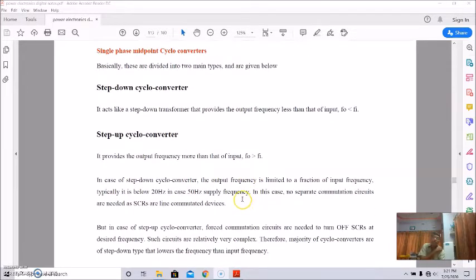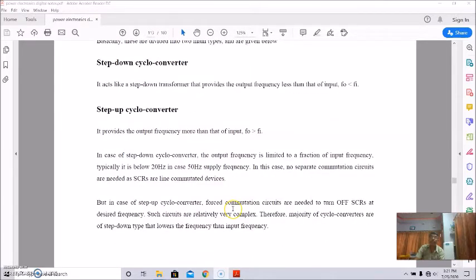In case of step down cycloconverter, the output frequency is limited to a fraction of the input frequency. Typically it is below 20 Hz in case of 50 Hz supply frequency. And in this case, no separate commutation circuits are needed as SCRs are line commutated devices.